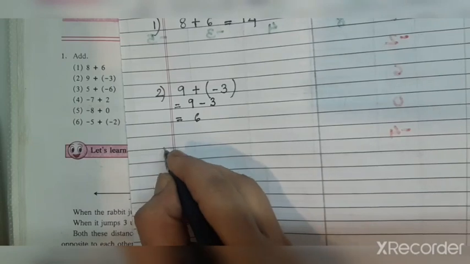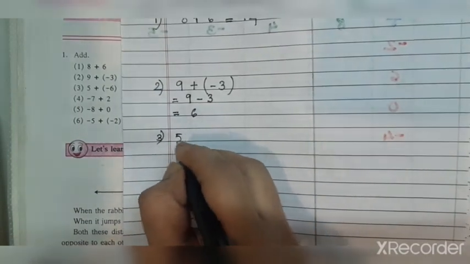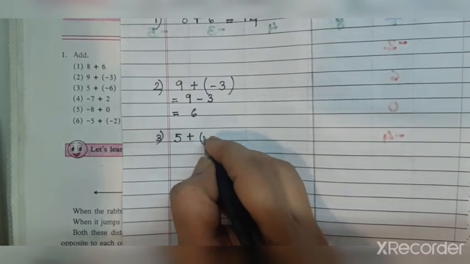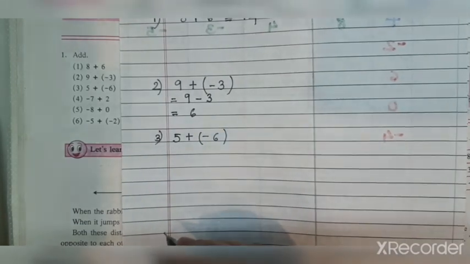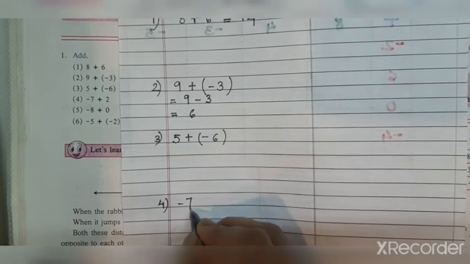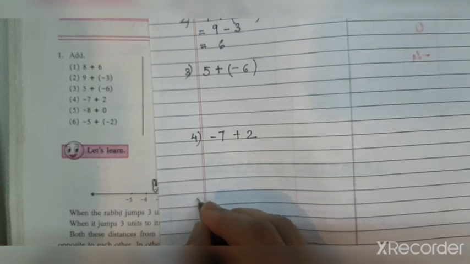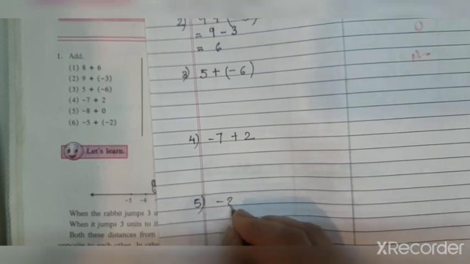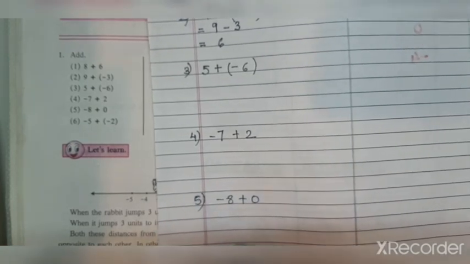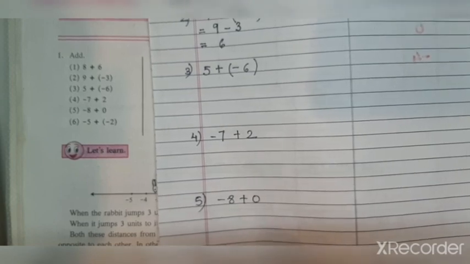Okay, now I copy the third sum. I'll just write down the sums so it becomes easier. Okay.